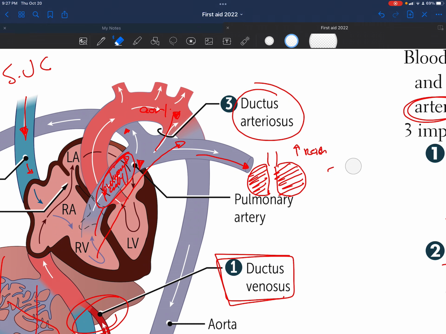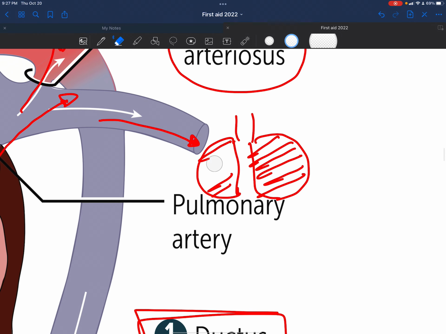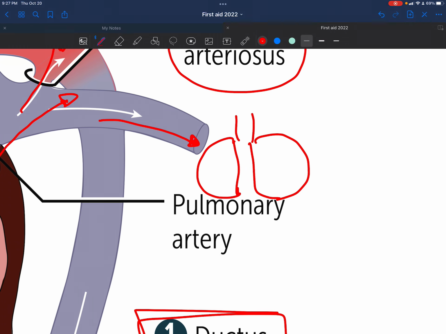After birth, what happens is that this baby will take a breath for the first time, happily. So what happens is all of this fluid inside the lungs just will go away and it will be changed with O2. So these lungs now, after birth, they have oxygen.